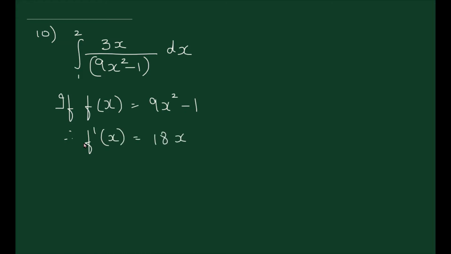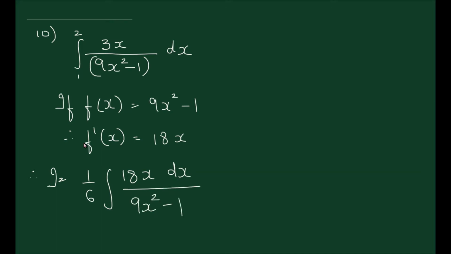Now, think about how to convert 3x into 18x. 3x is present in the numerator. How do we convert it into 18x? 3 can be converted into 18 by multiplying by 6, isn't it? Therefore, our integral becomes 1 upon 6 times the integral of 18x dx upon 9x square minus 1.